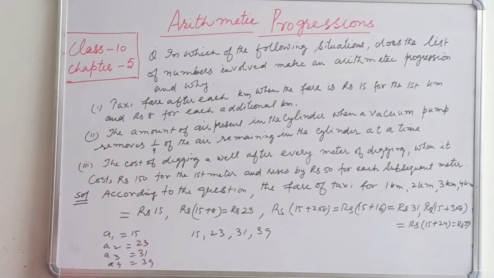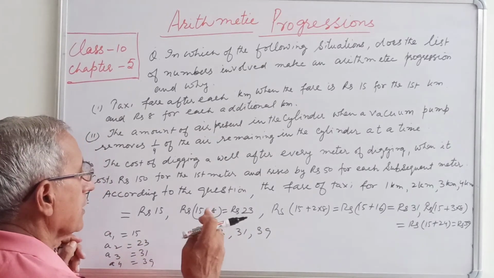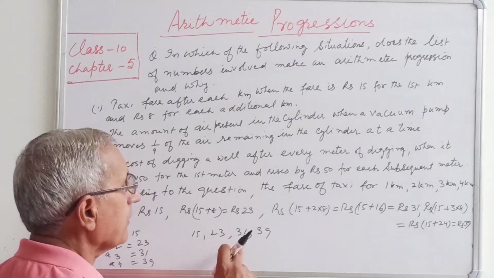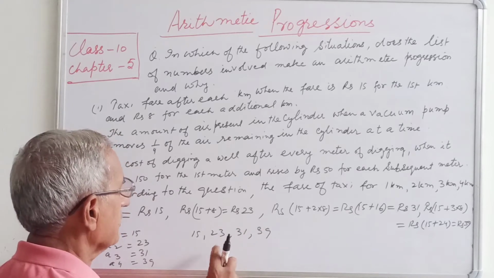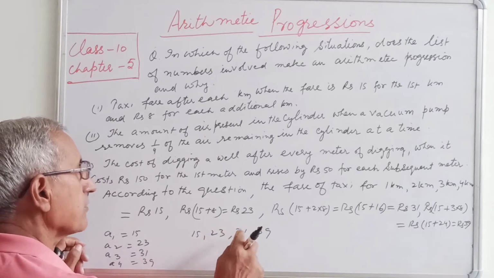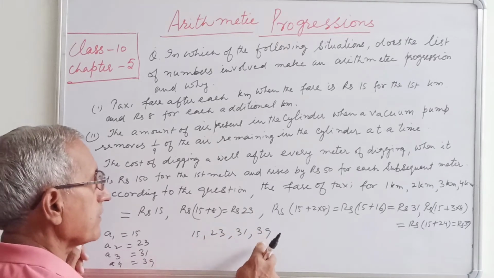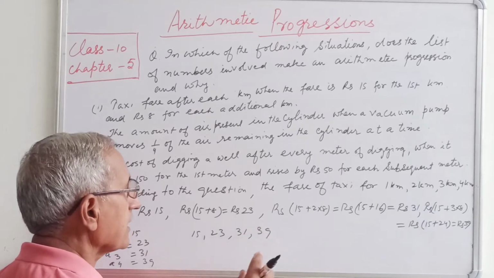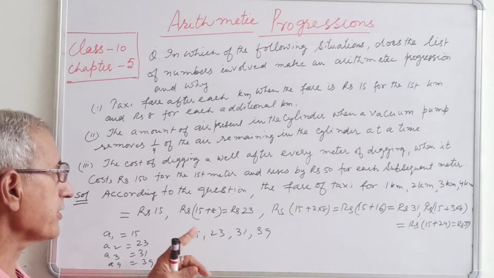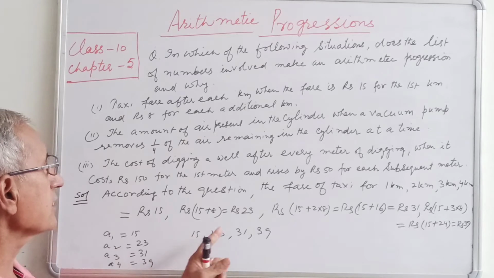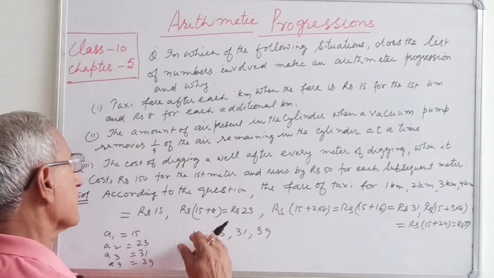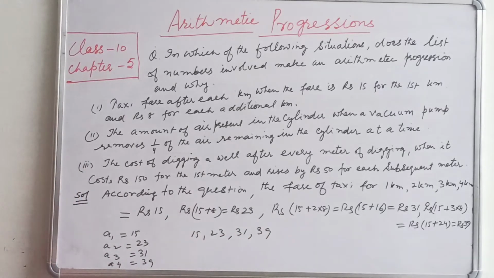So in this sequence each number coming after the preceding number differs by the same amount, that is 8. You can find the difference between 23 and 15, that is 8. Difference between 31 and 23, again 8. Difference between 39 and 31, again 8. So the difference between a succeeding term and the preceding term is equal for any two successive terms of the sequence.